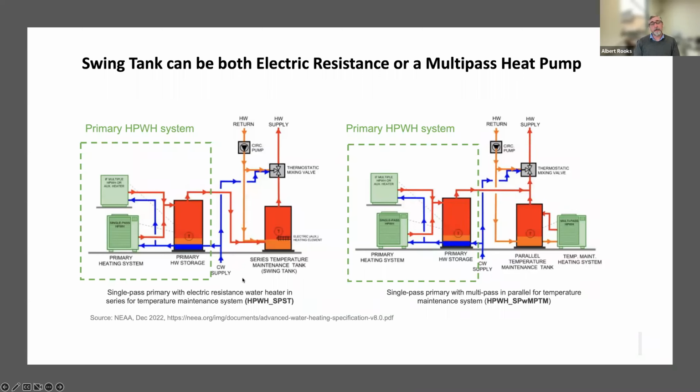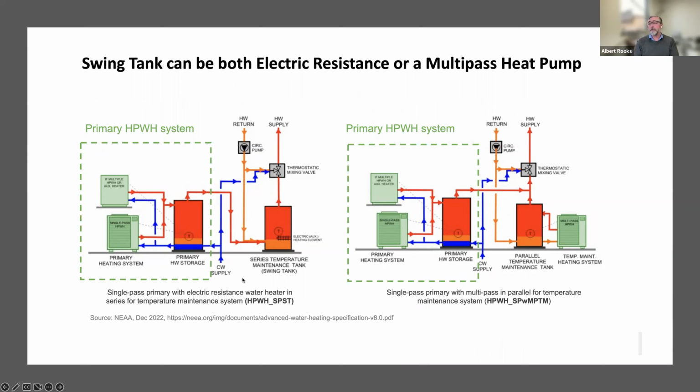Depending on the size of the building and the size of that tank, it could be a little tiny one, like a Rheem 80-gallon unitary. That would work just fine in a little building, or in a big building. It could be a well-sized multi-pass heat pump that gets high COP, better than electric resistance.